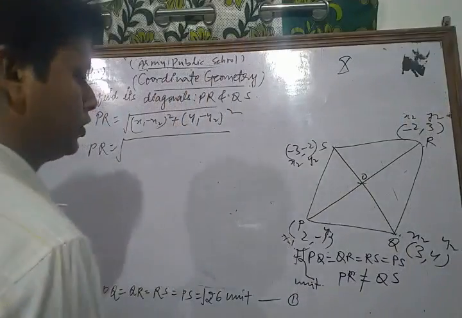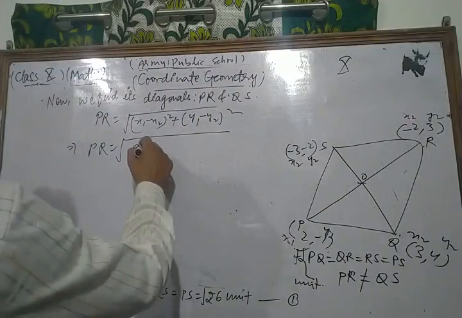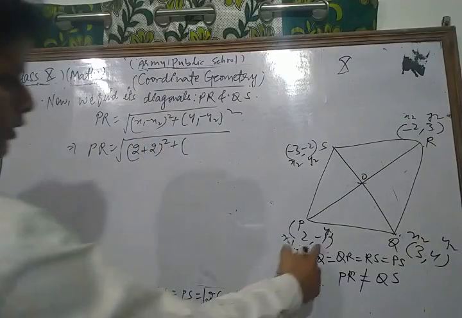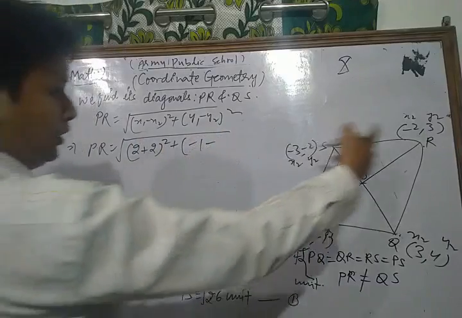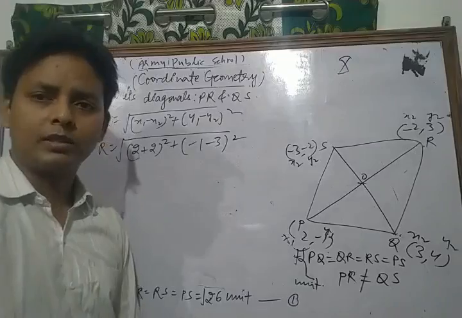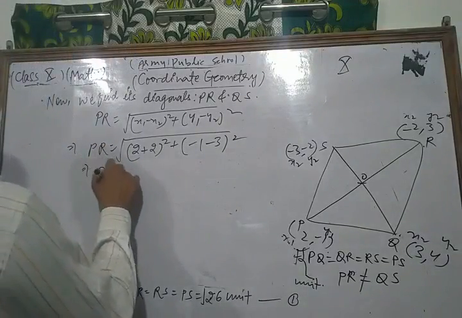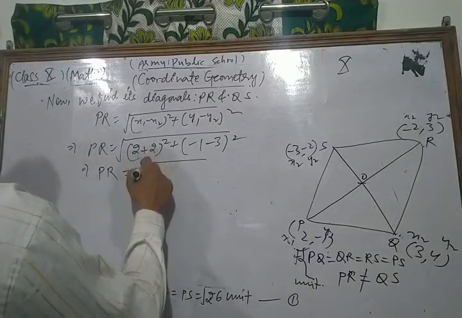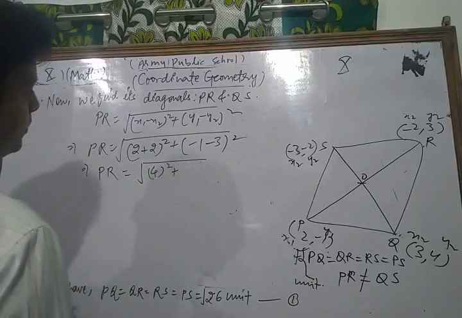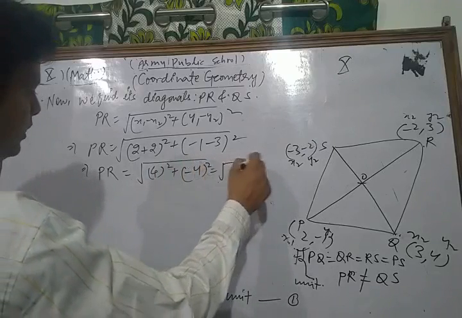x1 minus x2 whole square, that is 2 minus minus 2, which is 2 plus 2, 4, whole square, plus y1 minus y2, that is minus 1 minus 3, which is minus 4, whole square.